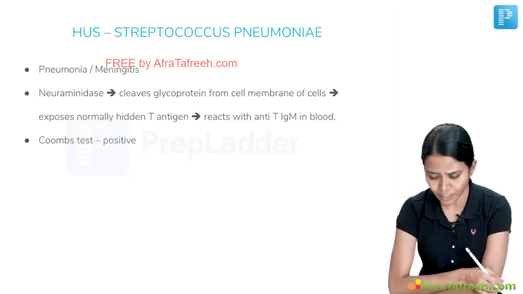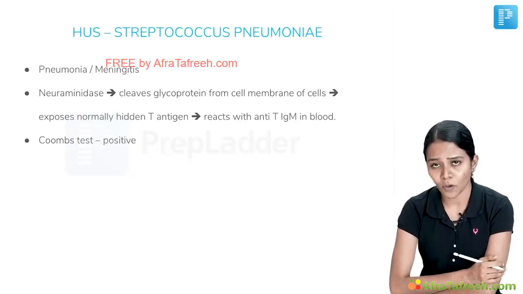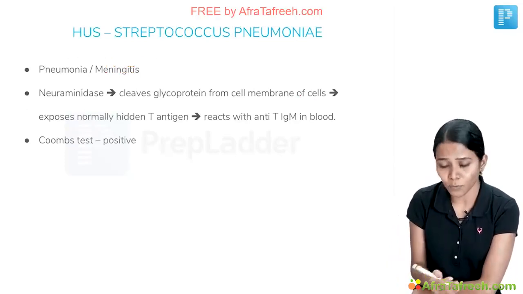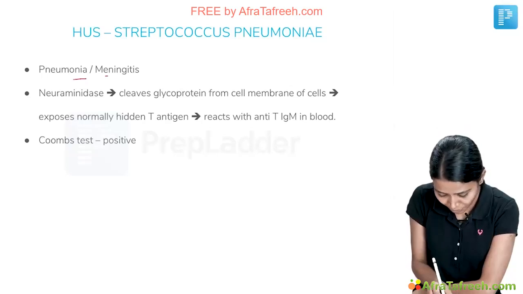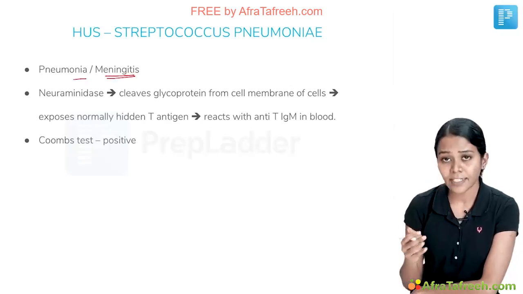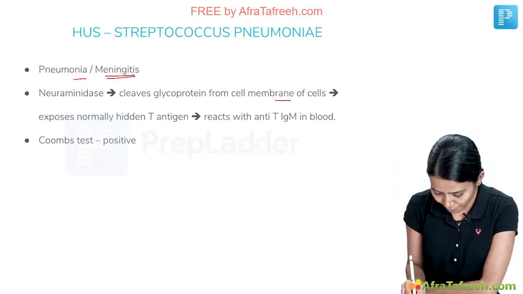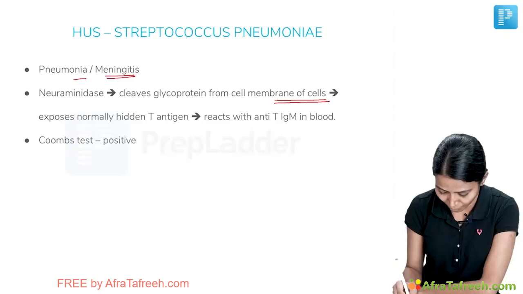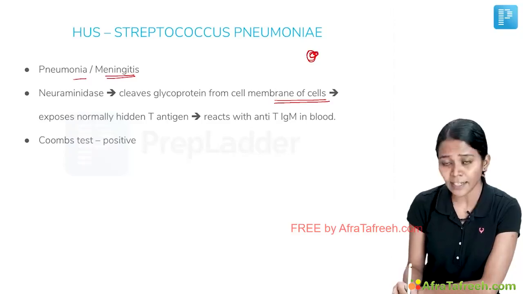Now, HUS because of Streptococcus pneumoniae. Streptococcus pneumoniae can cause pneumonia or meningitis. Neuraminidase cleaves the glycoprotein from the cell membrane of the cells, mostly RBC. So, what will happen? Normally, an antigen called T antigen is hidden in the cell.